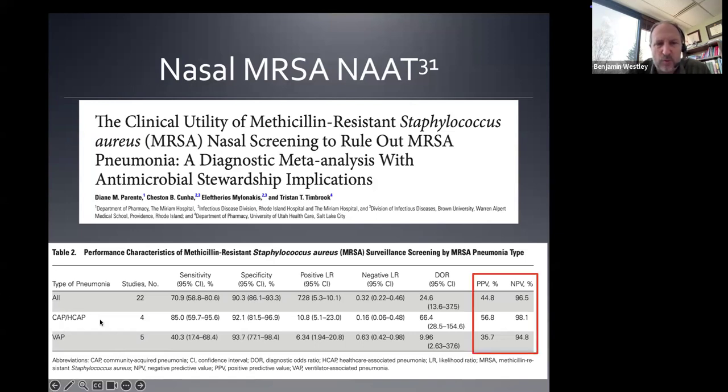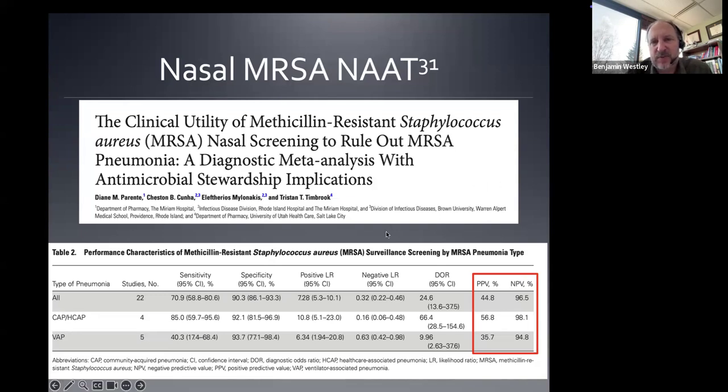What this basically shows is that whatever type of pneumonia is present, the negative predictive value, which is the far right column, whether this is ventilator pneumonia or community-acquired pneumonia or what they used to call healthcare-associated pneumonia, we don't use that term anymore, but for all forms of pneumonia, the negative predictive value of a PCR from the nose was 94.8 to 98.1. So that is highly arguing against having MRSA pneumonia if your nose PCR is negative.